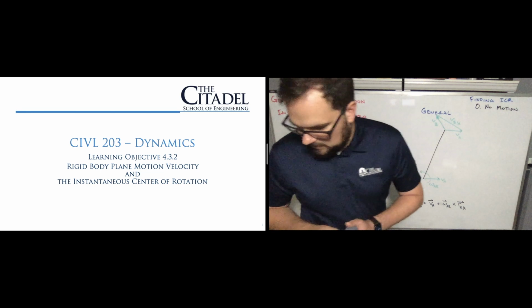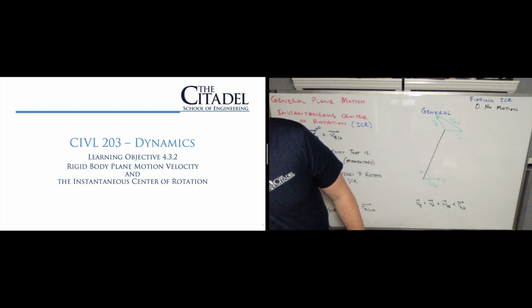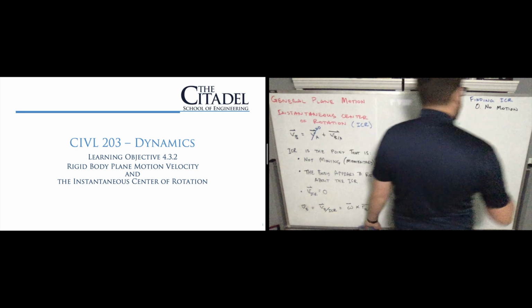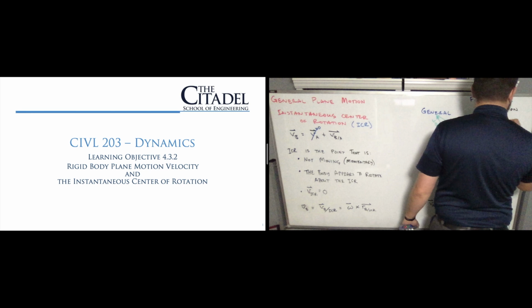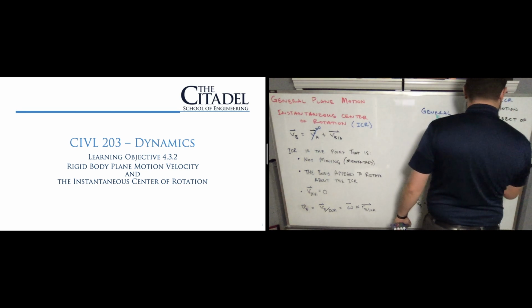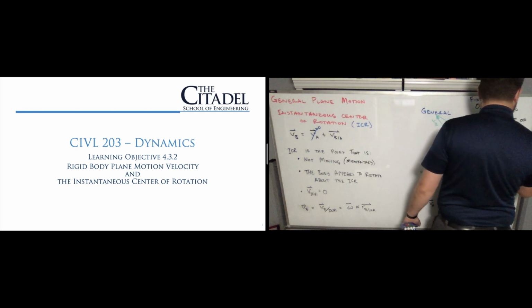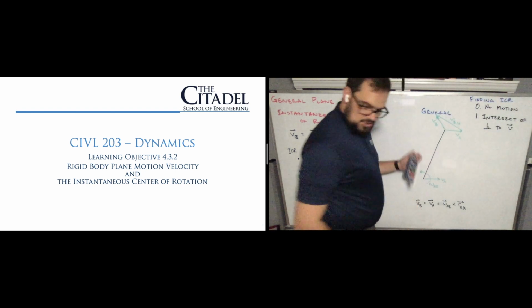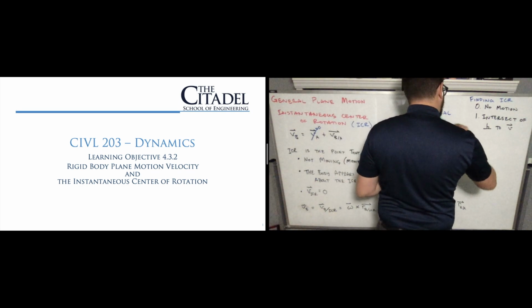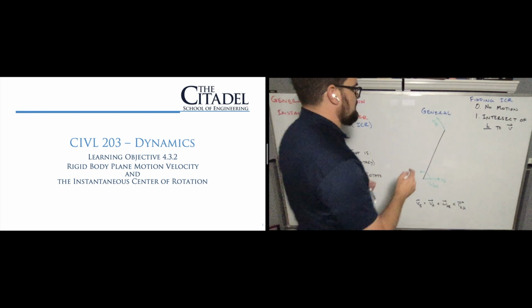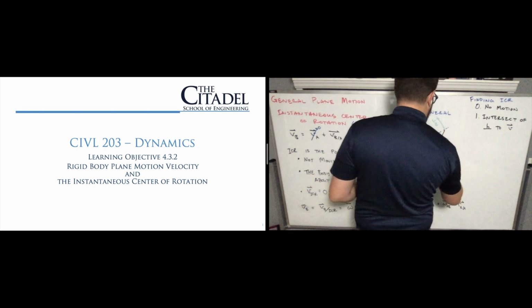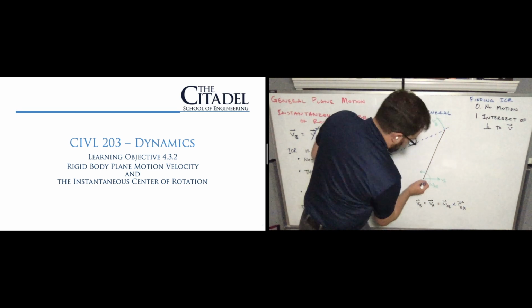Now the second rule, which we can use, says to look at the intersection of the perpendiculars to the velocity. So if you'll recall, this general motion is from our tomahawk example that we looked at in the velocity using superposition discussion. And so now I'm going to have a velocity B and a velocity A, and what I can do is draw perpendicular lines to both of those, like so.